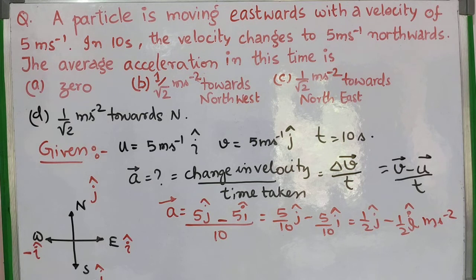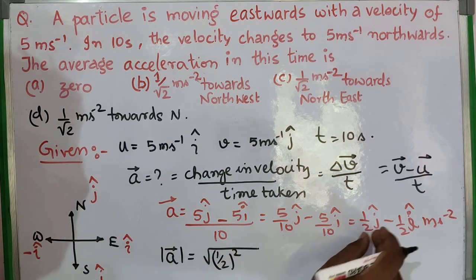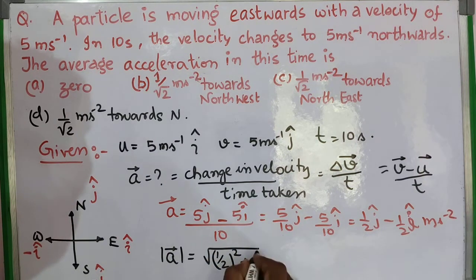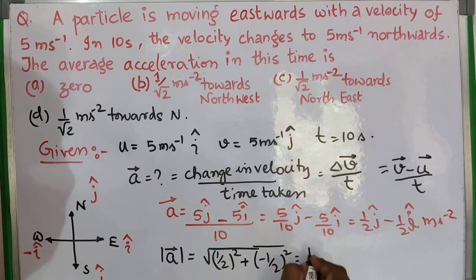So what do we want first? We want magnitude of this. So what is the magnitude of a? The magnitude of a is under root of half square plus minus half square. See there, minus half square or plus half square, it is going to give the same answer, 1 by 4. So what I am doing, I am taking half square as common.